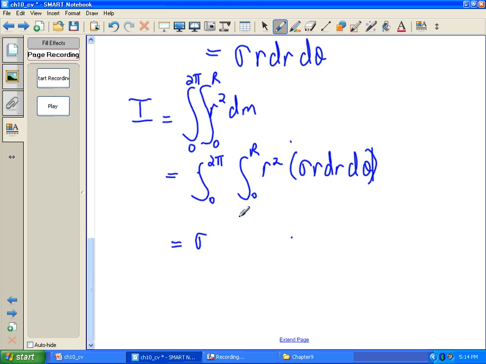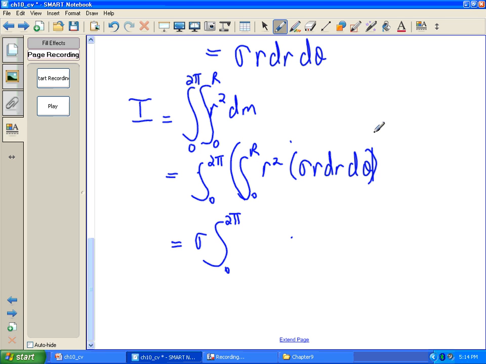The first integral is going to be, d theta is going to be constant when we perform this inner integration, so we might as well put it out here. We can do this first. Let's see, 0 to 2 pi.